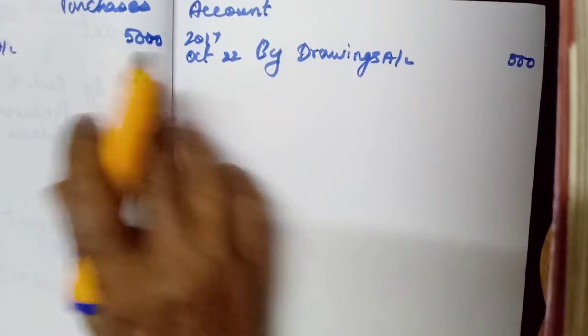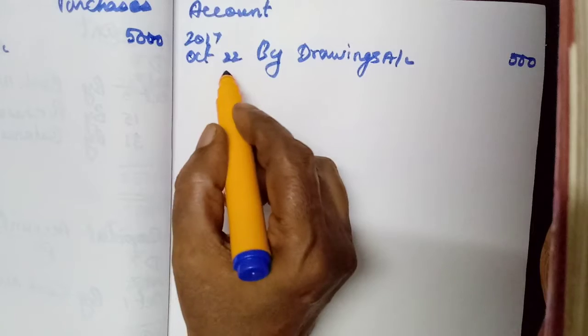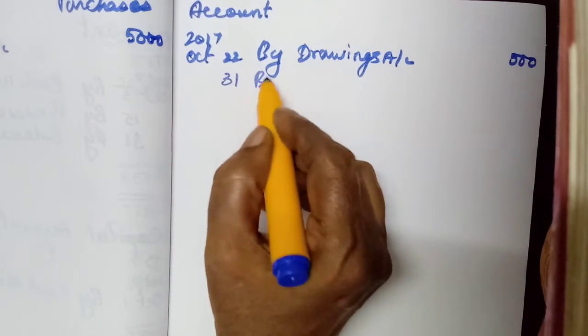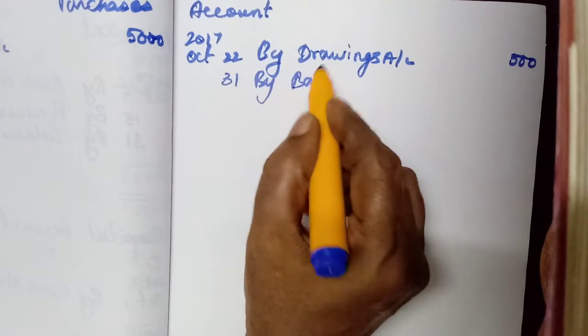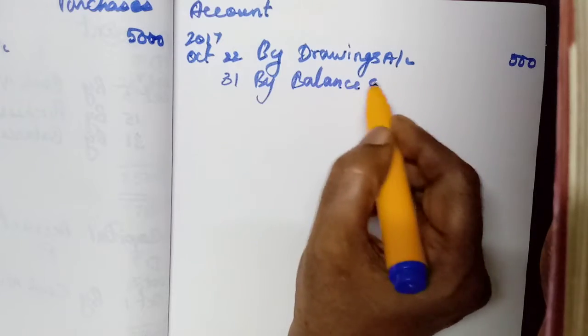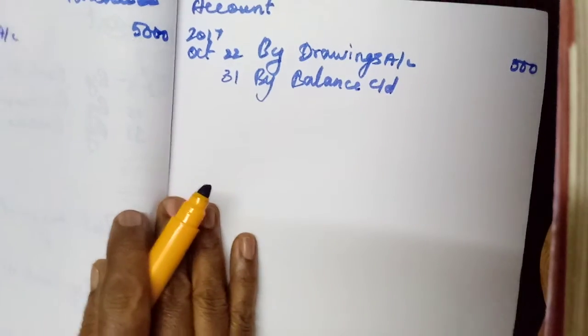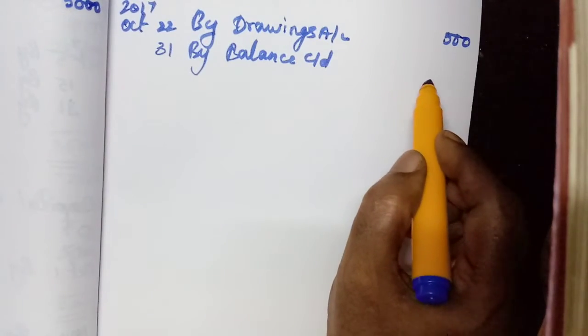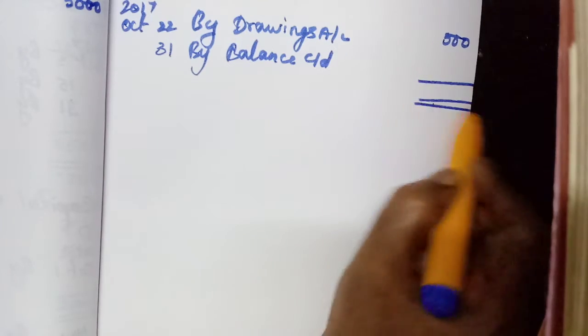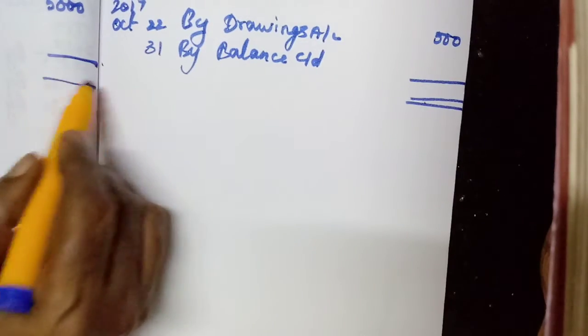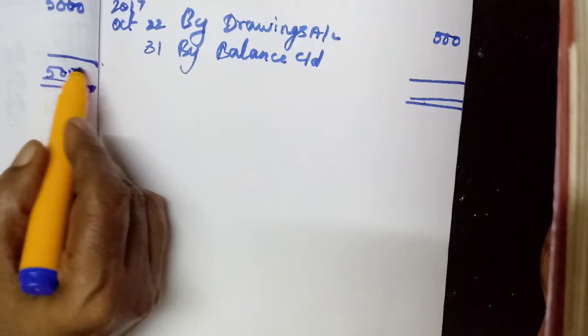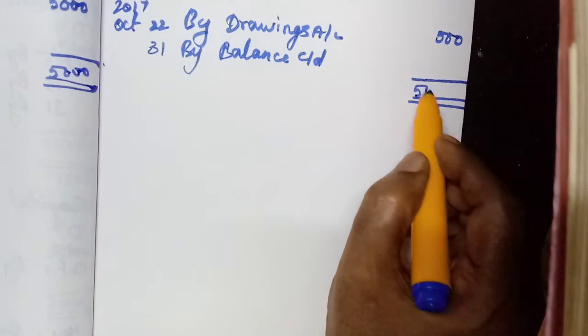So on the lesser side we have to write the last date by balance carry down. Okay, then write the larger amount on both sides. What is the larger amount? 5,000. Same thing you write here also.